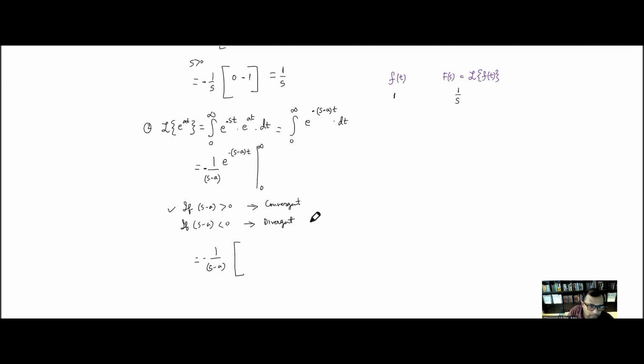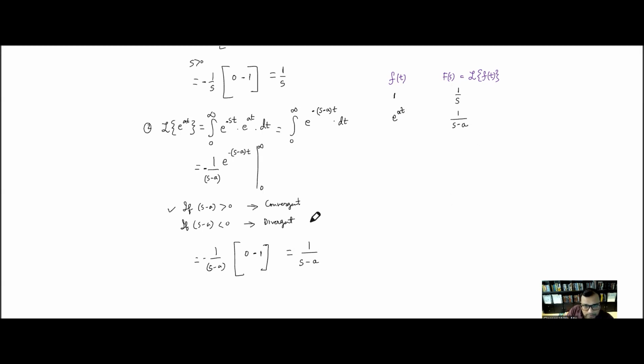Now 1 by e to the power t as t tends to infinity will be 0, minus e to the power 0, which is 1. Now this will evaluate to 1 by s minus a. So we can now write the Laplace transform of e to the power at is 1 by s minus a.